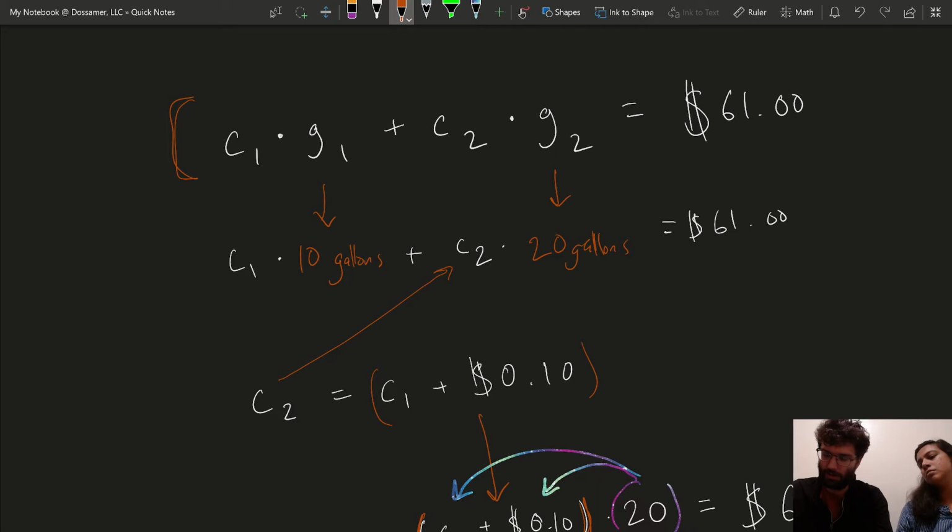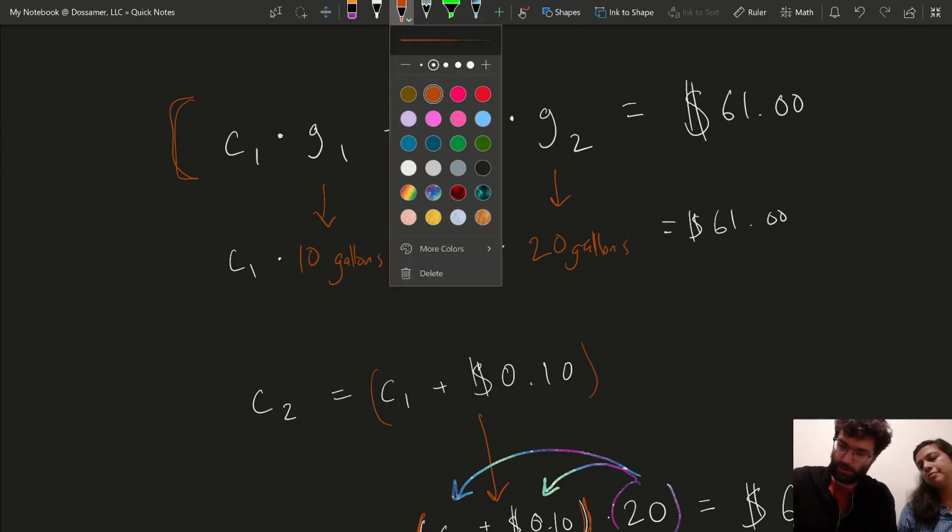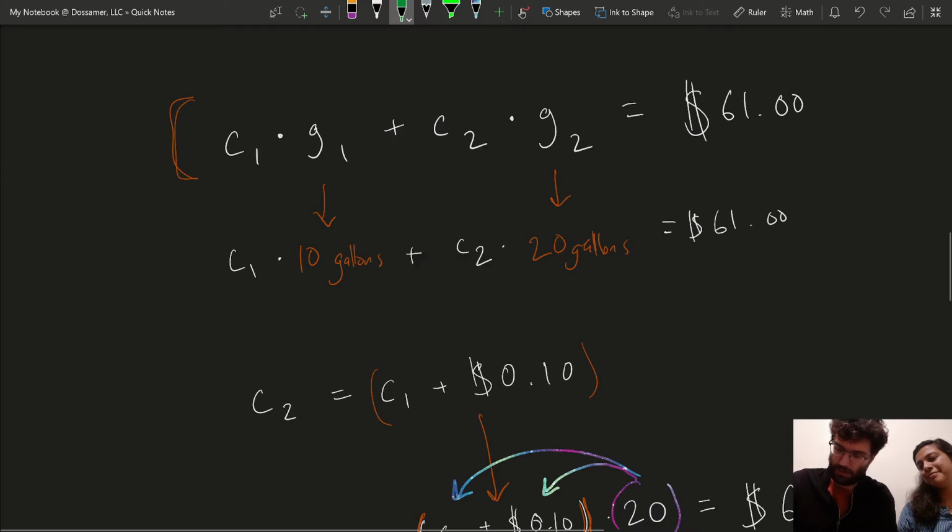But the next step is to make sure that our answer, when plugged into the first equation, checks out. And keeping in mind that the C2 term is just C1 plus 10 cents.